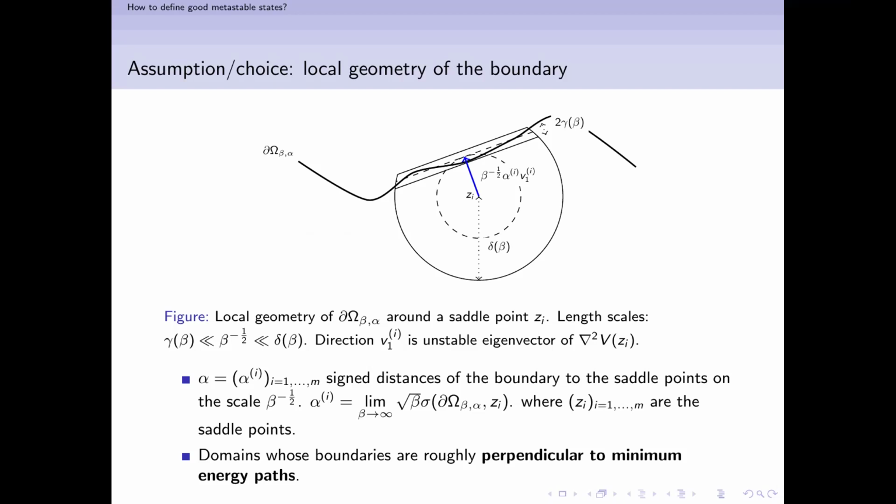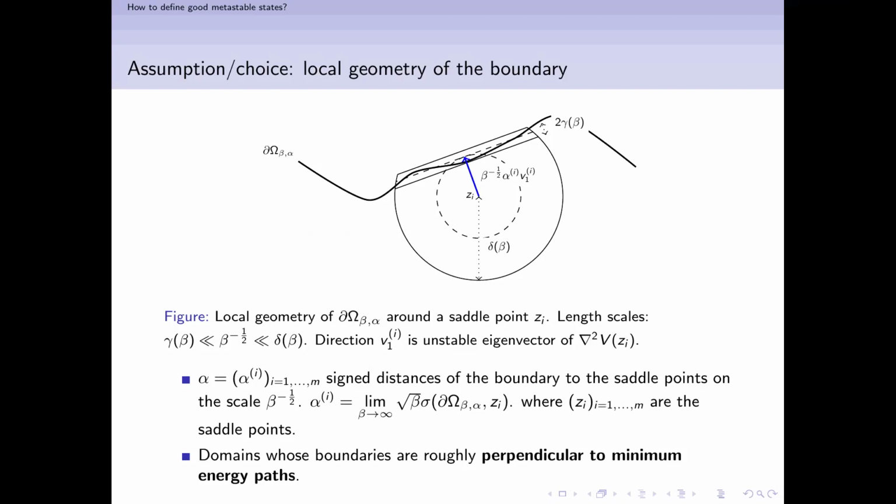And so what we write here is that you have this parameter alpha_i, which is going to modulate the distance of the boundary to the saddle point. But it's really small. The distance is going to be really small. You multiply by the square root of beta, so the distance is of order 1 over square root of beta.